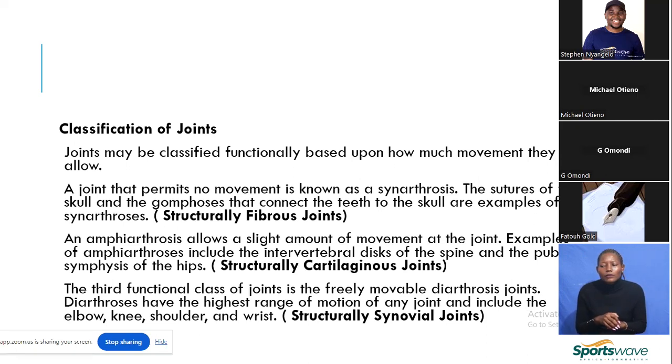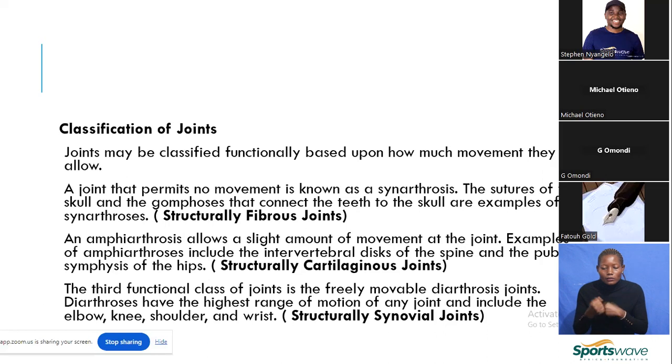Then the other type of classification is what we call functionally amphiarthrosis, but structurally we are referring to cartilaginous joints. And these are the joints that allow a slight degree of movement. I've already mentioned the spinal cord, where we have a function of protection, but also a slight degree of movement is necessary for jumping and twisting activities.